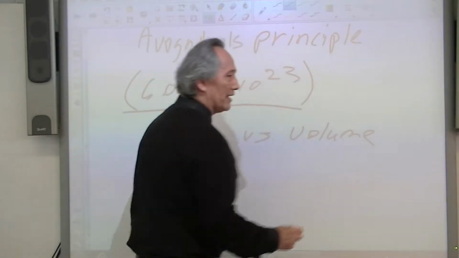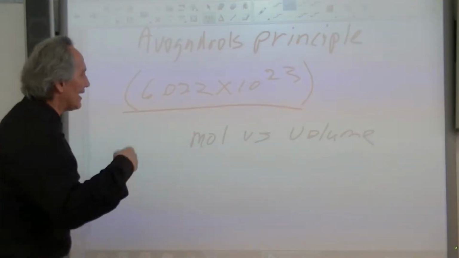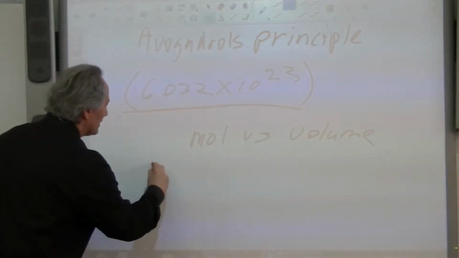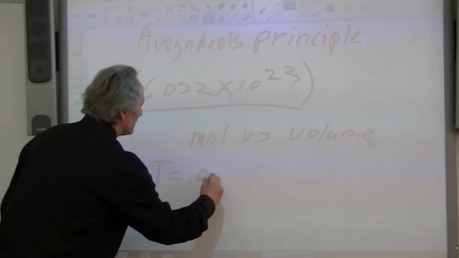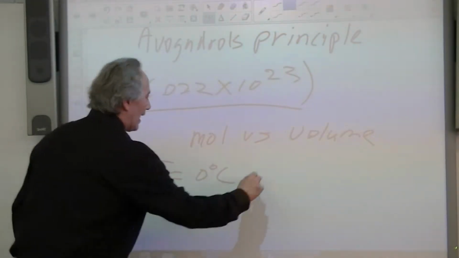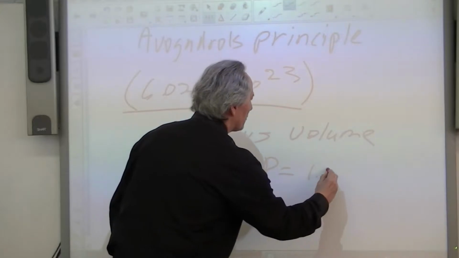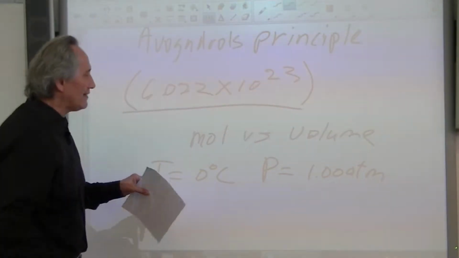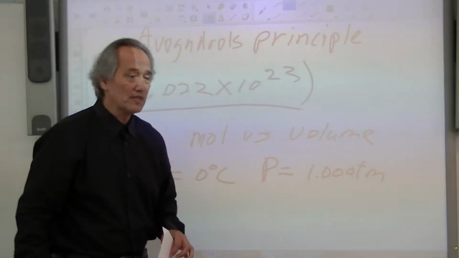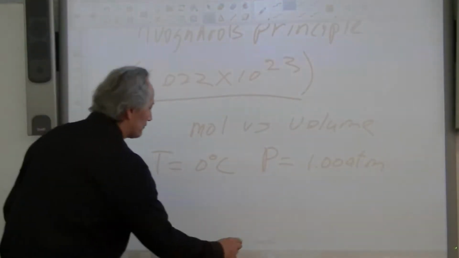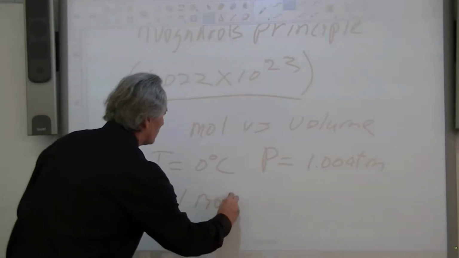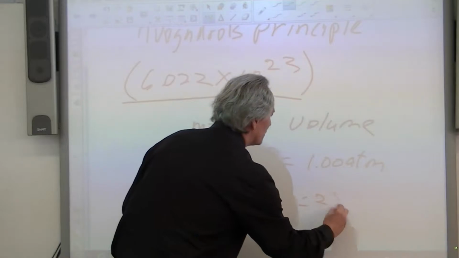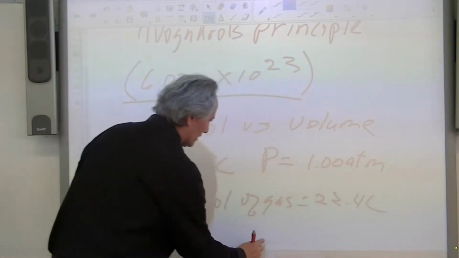In an experiment, he identified that at some given conditions, temperature at 0 degrees Celsius and pressure equal to 1.00 atmospheric pressure or atm, the volume of 1 mole of gas would in fact equal 22.4 liters. Let me scroll that up.